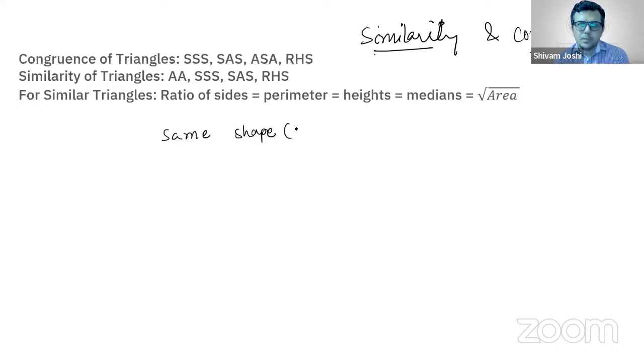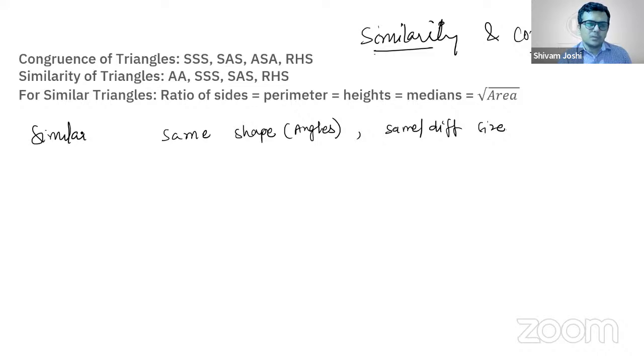When we say shape, we indirectly mean angles. And size could be anything, right? Either same or different size. This is what you call similarity in a layman's language.